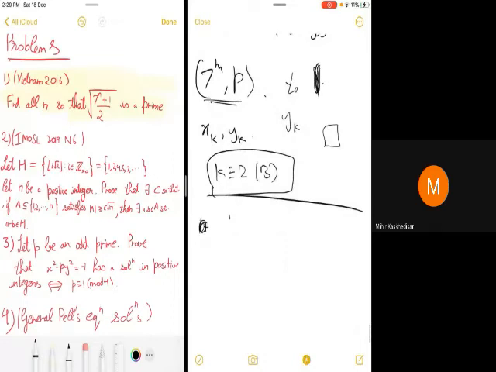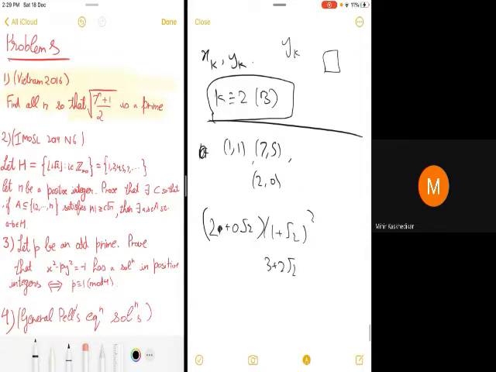The first thing is 1, 1, then 7, 5, and then this is congruent to 2, 0. So we do 2 plus 0 root 2 times (1 plus root 2) squared, which is 3 plus 2 root 2, and 6 plus 4 root 2, so 1, minus 1. And after 1, minus 1 we have (1 minus root 2) times (1 plus root 2) squared.